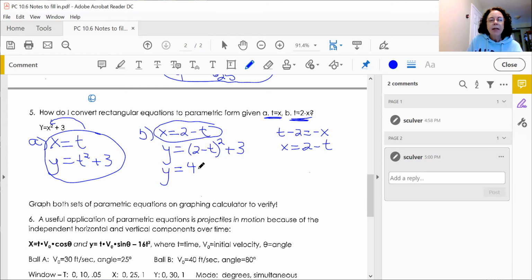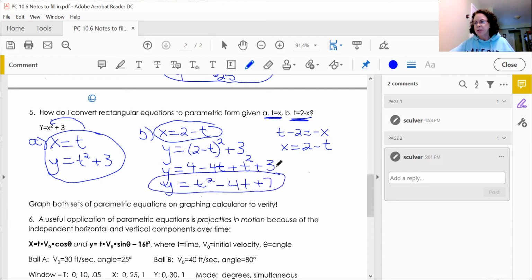That would be minus 4t plus t squared plus 3. And my final y equation would be, I'm just going to put it in standard form. That would be t squared minus 4t plus 7. There we go. And there's our set of parametric equations.